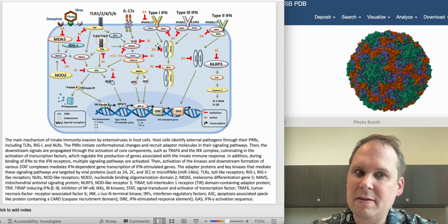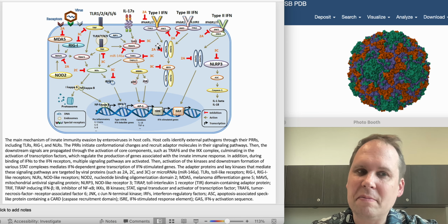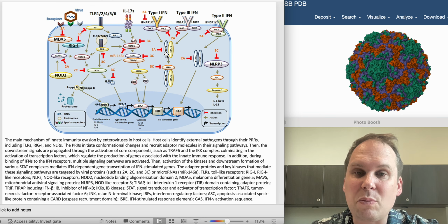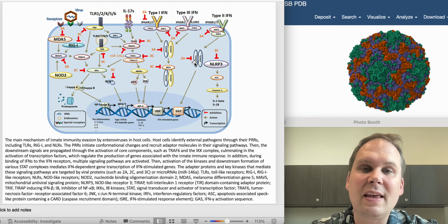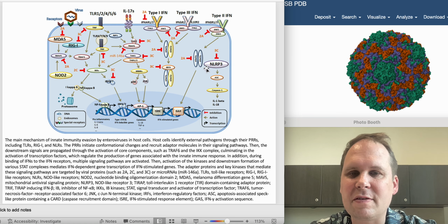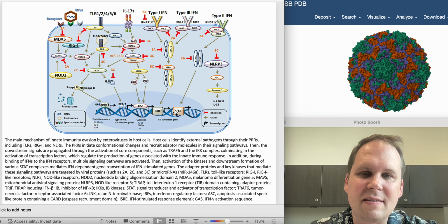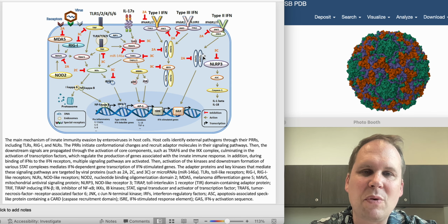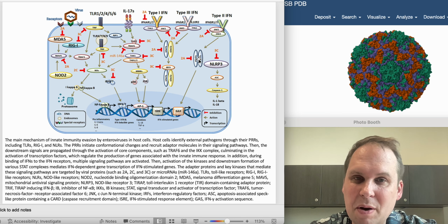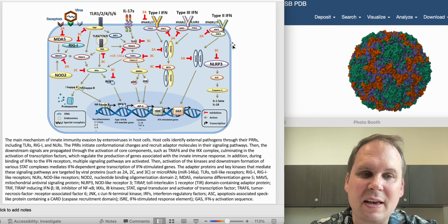Then, if a little bit of that signal happens to get through, that's okay, because 2A is also going to cleave STAT1. And STAT1 is a common sort of secondary messenger. It's going to get phosphorylated, it's going to go into the nucleus, it's going to bind to either a STAT1 or a STAT2. And again, STAT1 is the common component in all of these pathways.